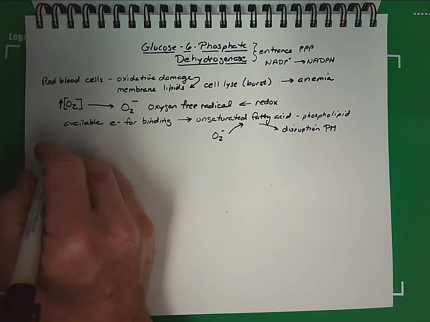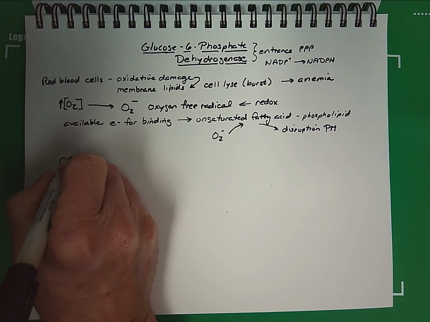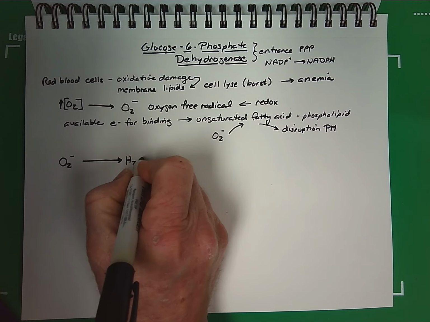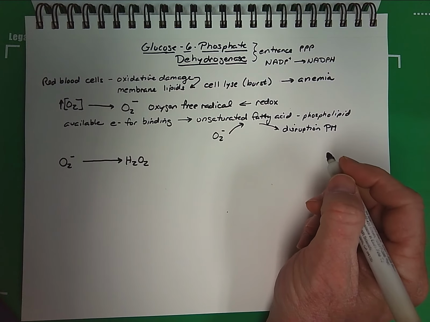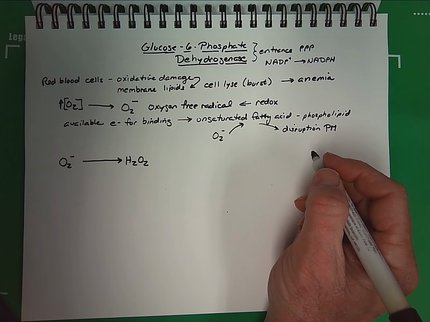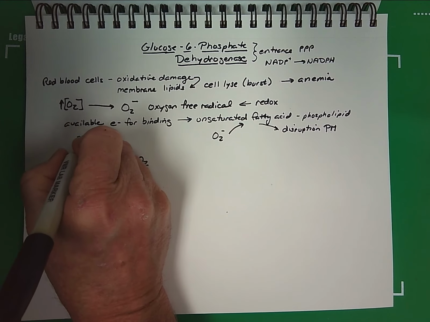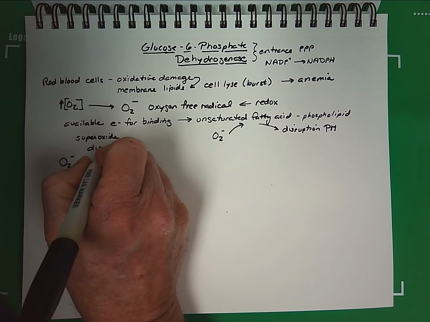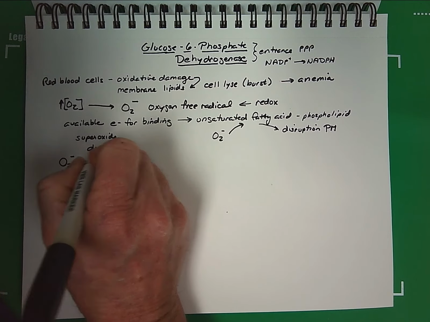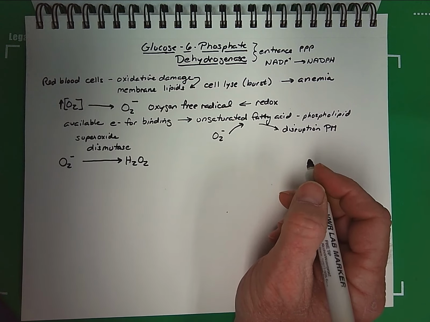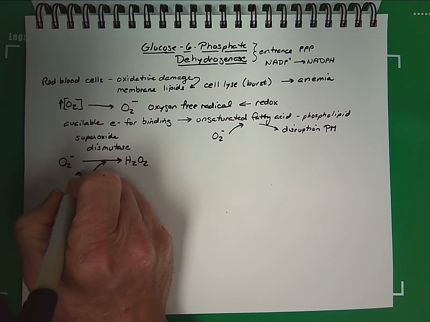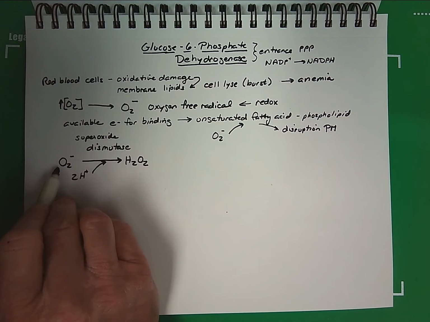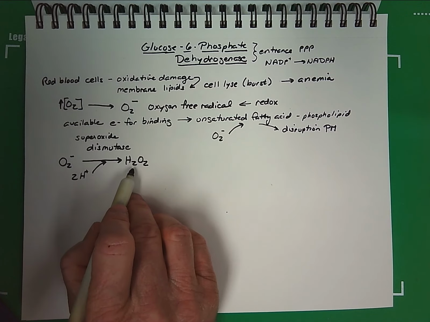The way the cell does this is by taking oxygen free radicals and converting them into hydrogen peroxide, H2O2. The enzyme that does this is called superoxide dismutase. Superoxide dismutase is able to neutralize the free radical oxygen to generate peroxide.